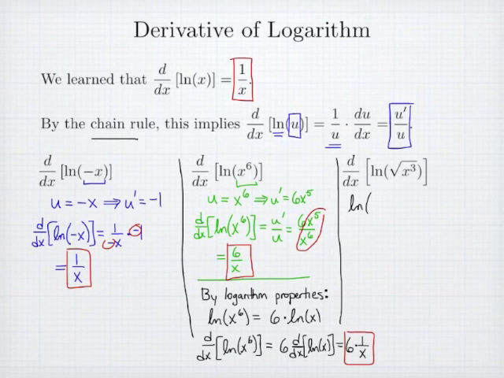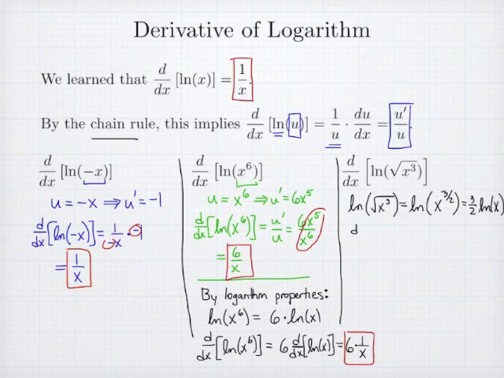The logarithm of the square root of x cubed, rewriting the powers, is really the logarithm of x to the 3 halves. And by the properties of logarithms, that's 3 halves times the natural logarithm of x.